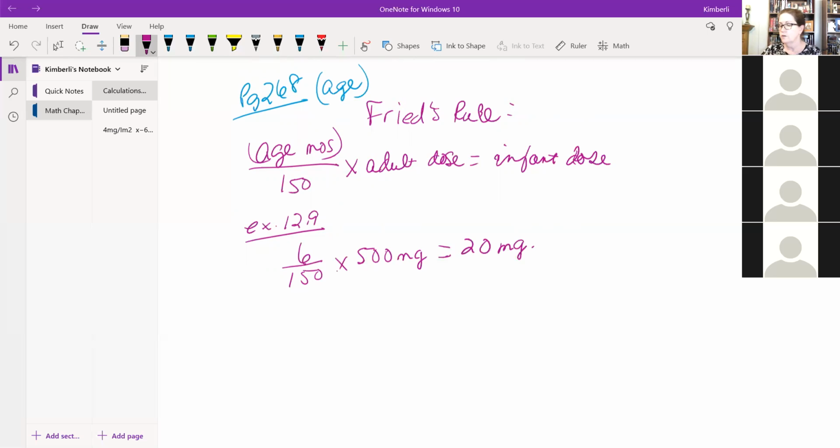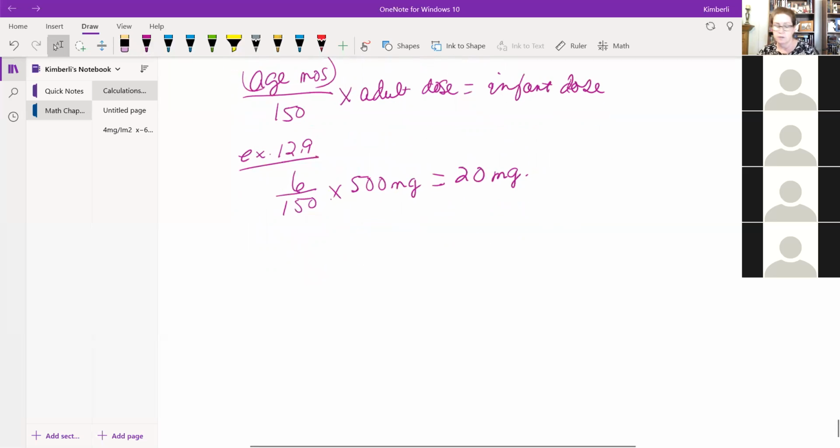And then it wants you to calculate the dose in milliliters to give the patient. If the medication available is amoxicillin 50 milligrams per milliliter, and this is a common amoxicillin for infants, then what dose would be needed to be given to the infant?